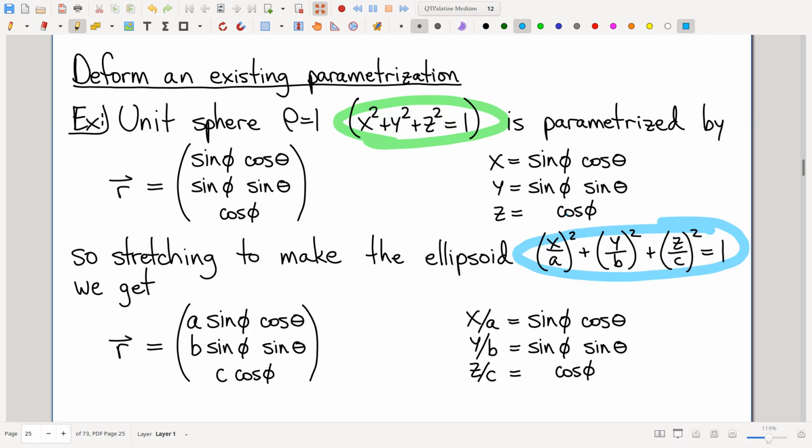And that's why this was easy to do. I can't do that here. We're in trouble here. I don't know how to write down the spherical equation for this ellipsoid. So we can't use the analogous technique. What I can do is take my existing parameterization here and deform it.